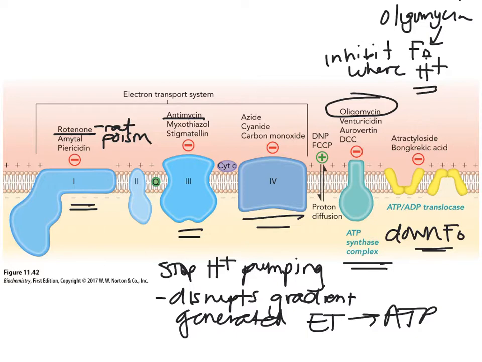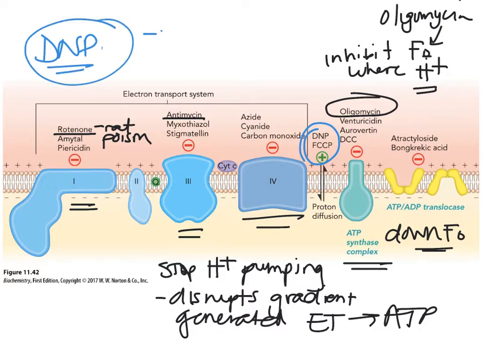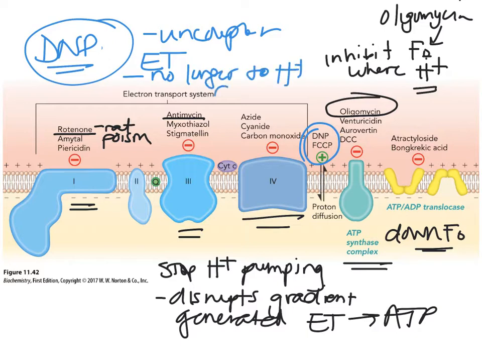Now, also listed here, I'll circle them in blue, are these uncouplers where we have that DNP. When DNP is an uncoupler, you can still have electron transport, but no longer do hydrogens flow through complex 5 or ATP synthase.